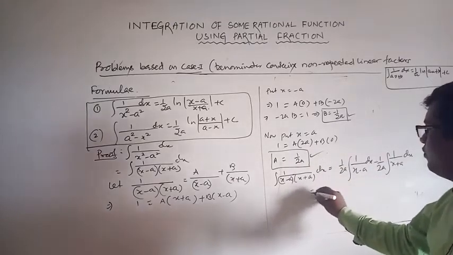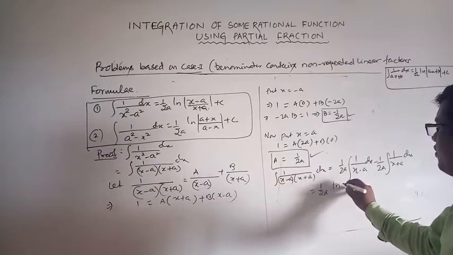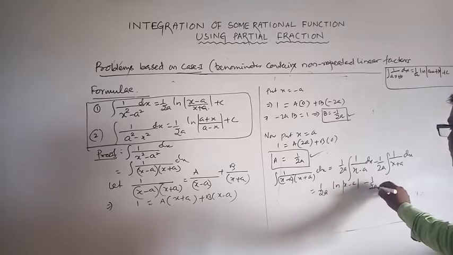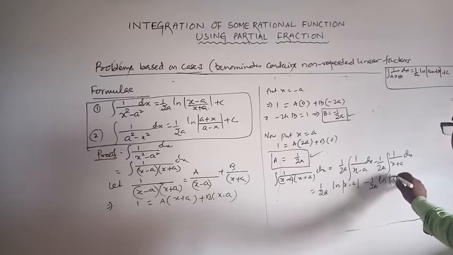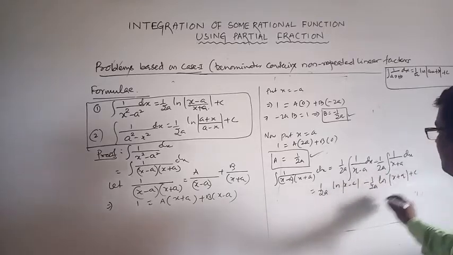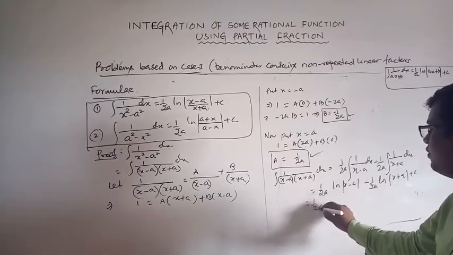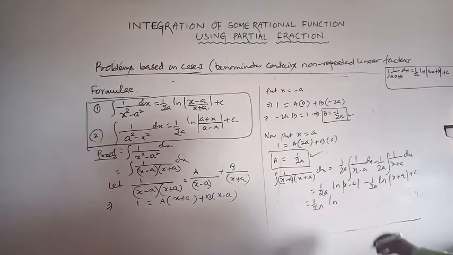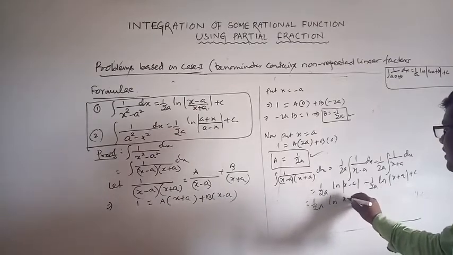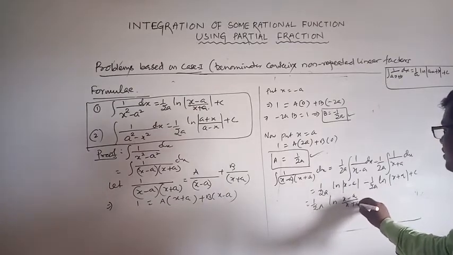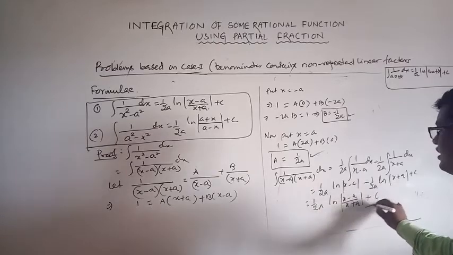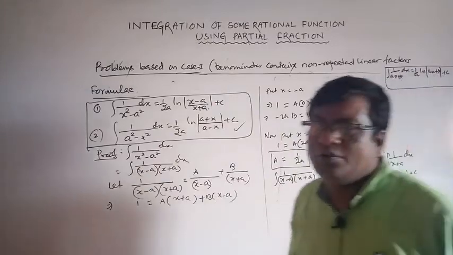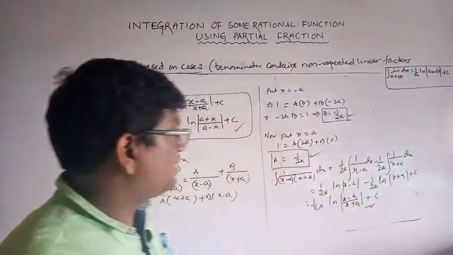So 1 by 2a into log mod x minus a minus 1 by 2a log mod x plus a. So 1 by 2a constant, log of x minus a minus log of x plus a, that is log of x minus a divided by x plus a plus c. This is the answer. Similarly, we can prove the second formula.